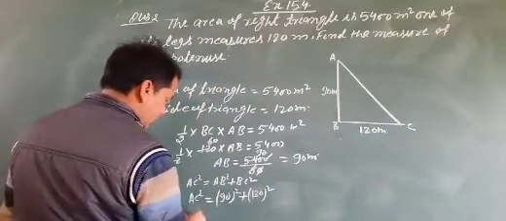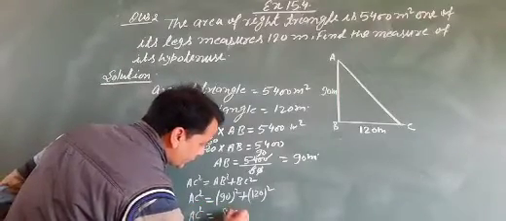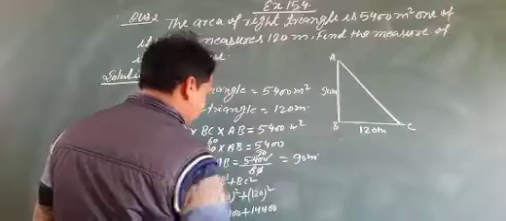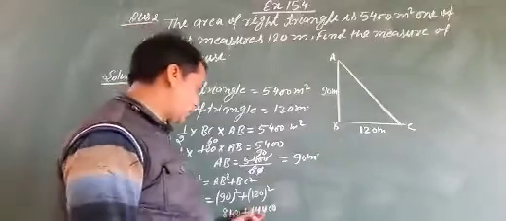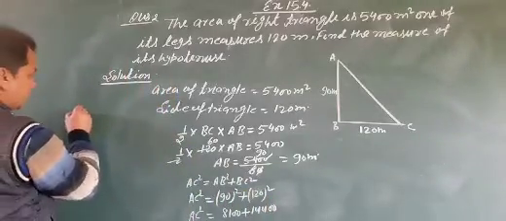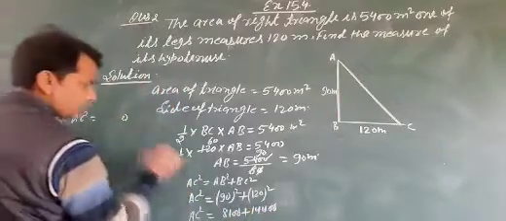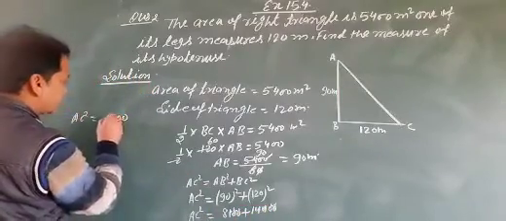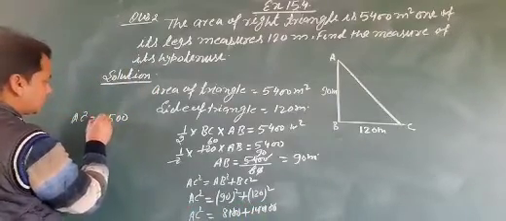Then AC square equals 8100 plus 14400, then AC square equals 22500.